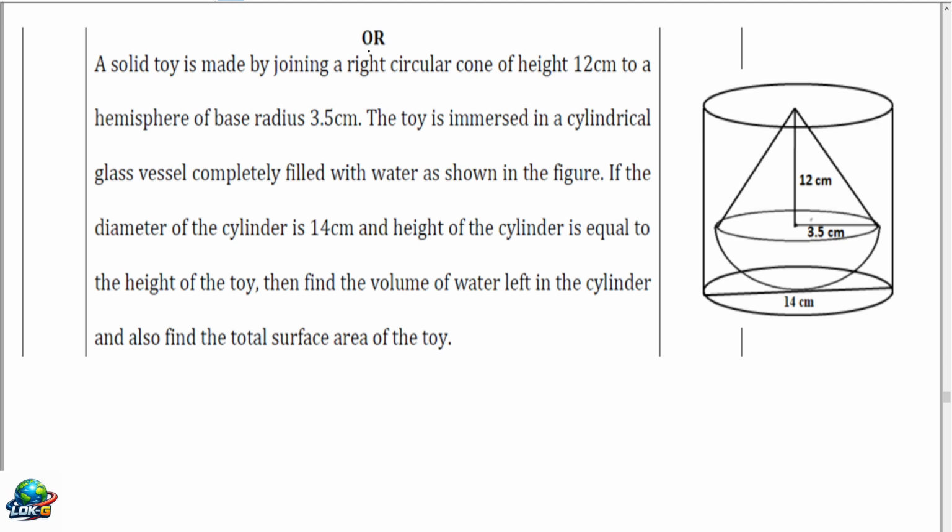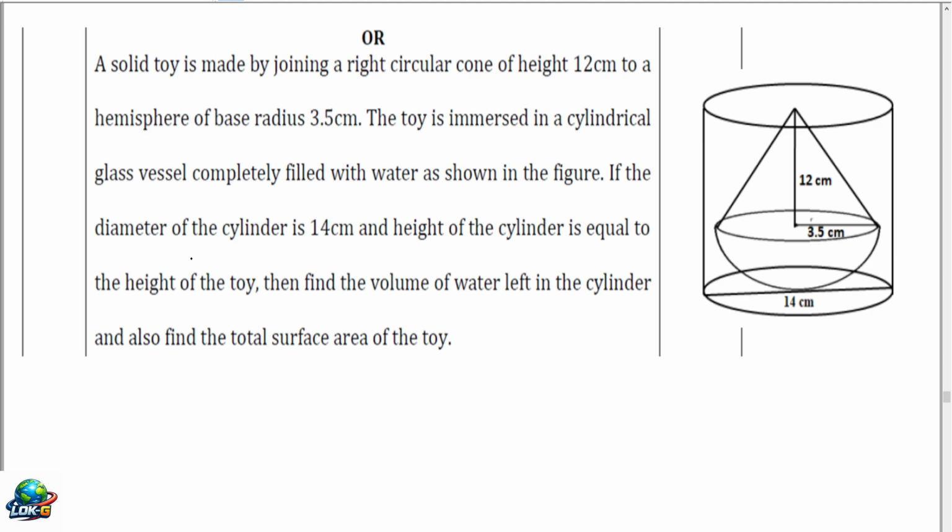A solid toy is made by joining a right circular cone of height 12 centimeter to a hemisphere of base radius 3.5. The toy is immersed in a cylindrical glass vessel completely filled with water, as shown in the figure.